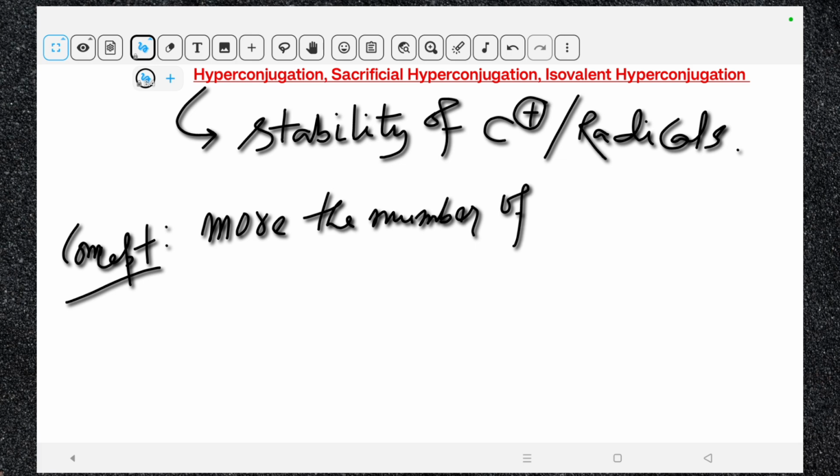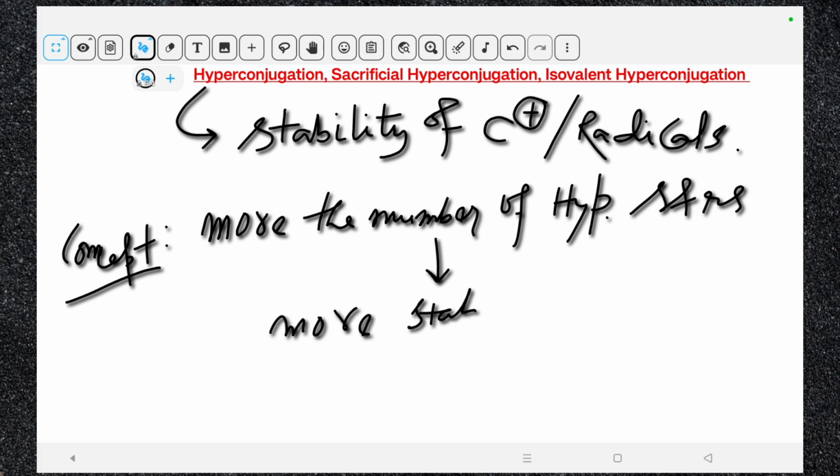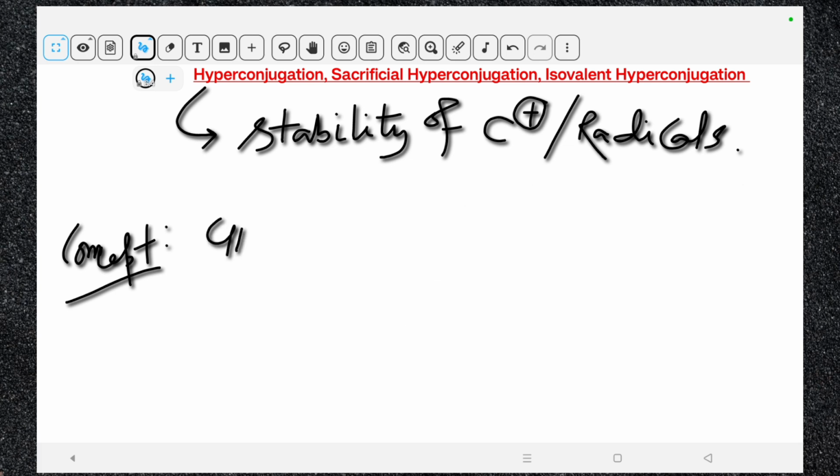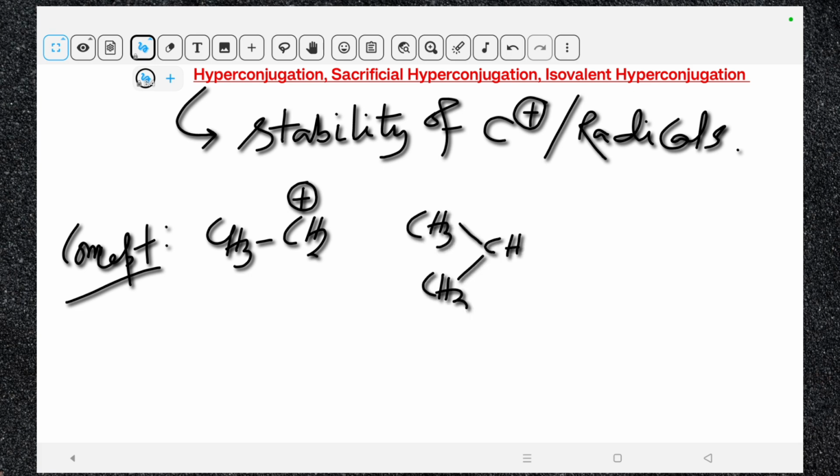We will have to keep in mind that the more the number of hyperconjugative structures, the more will be the stability of the carbocation or radical. Now, compare among ethyl carbocation, isopropyl carbocation and tertiary butyl carbocation.